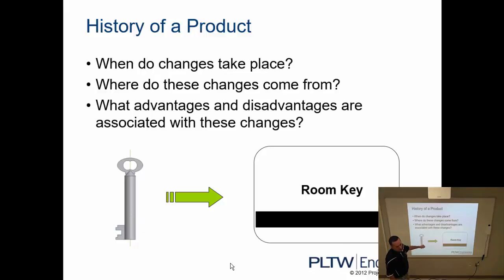Maybe it's because of technology or for security reasons why we've had a change in the product. Maybe the original hotel key was an actual key, right? I check in, they hand me a key, that key opens the lock to the room that I'm staying in. The problem with that is that, one, you may not turn the key back in, so then they have to redo that lock. Or if they don't redo that lock, you basically always have access to that room.